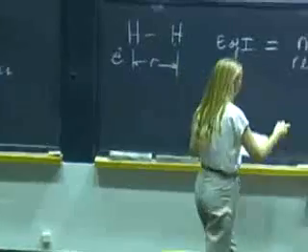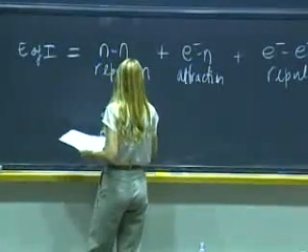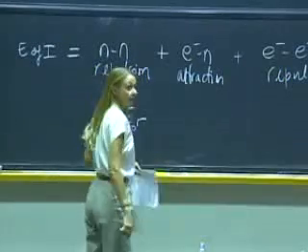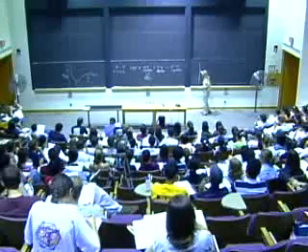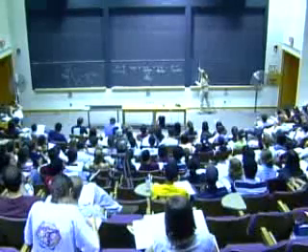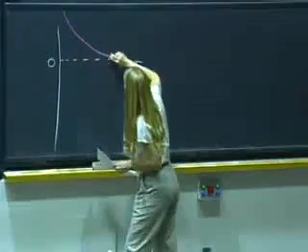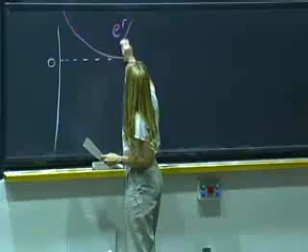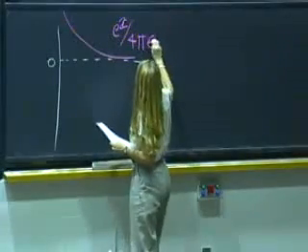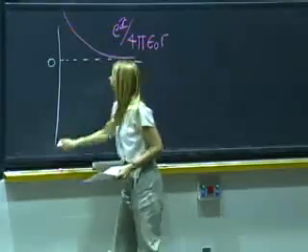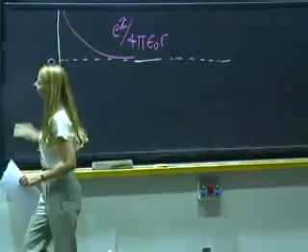That nuclear-nuclear repulsion was e squared over 4 pi epsilon naught times R. And so that component I could easily draw. And I did draw it last time, I think. This is a 1 over R dependence, right? This is the e squared over 4 pi epsilon naught R. All right? So that was one of them.